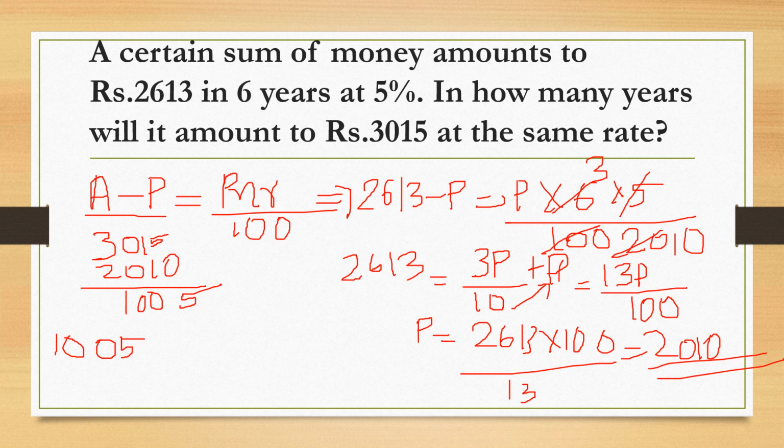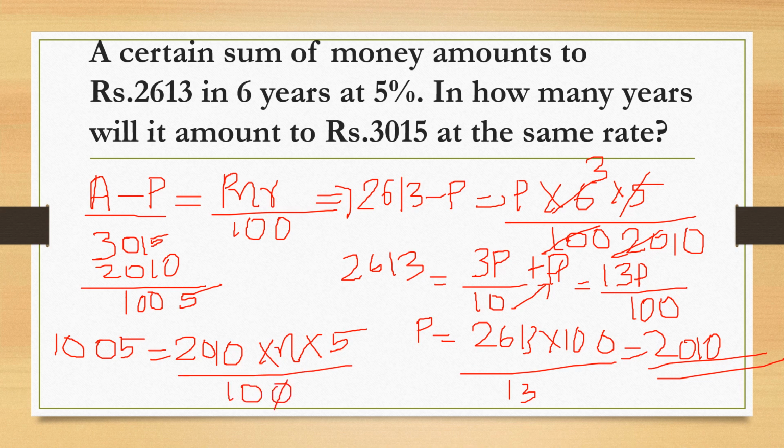So the equation of simple interest is equal to, here P is 2010, we have to find N and R is 5. Same rate of interest 5. Okay. By 100.